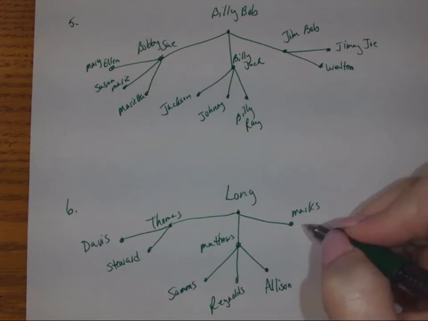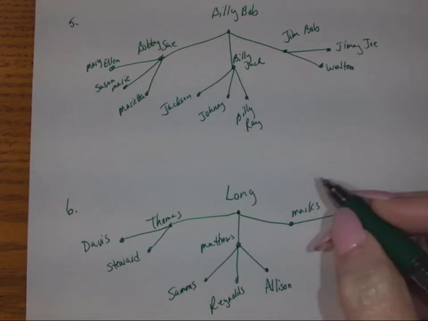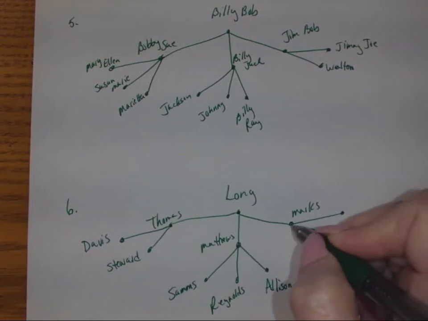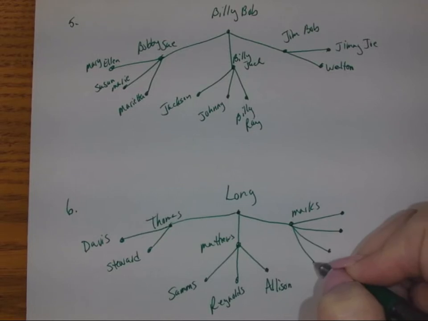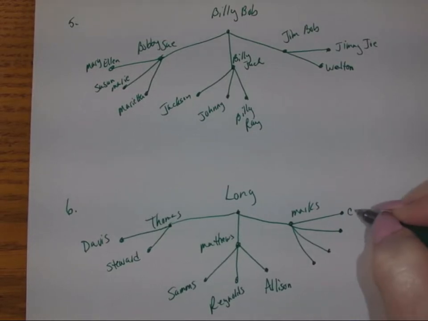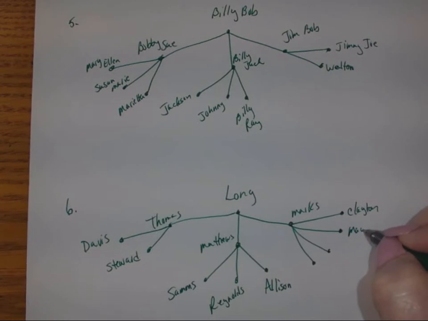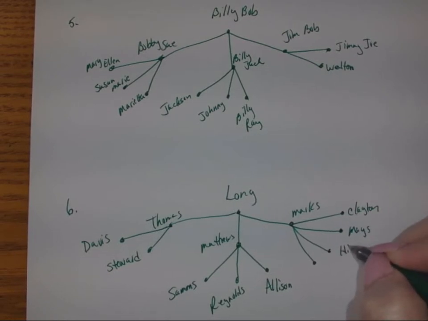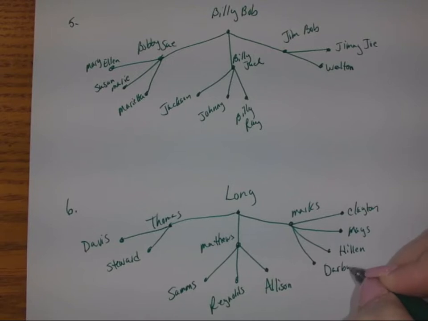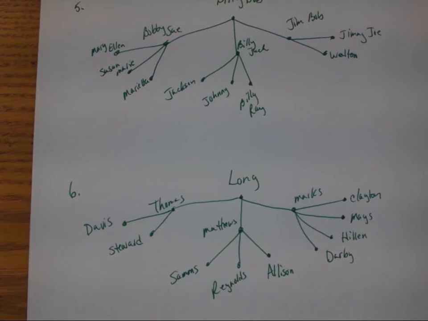And then Marks has 4 assistant department chairs. And those are Clayton, Mays, Hillen, and Darby. So if you were trying to figure out who's under who, you can look at that tree and see who is doing what.